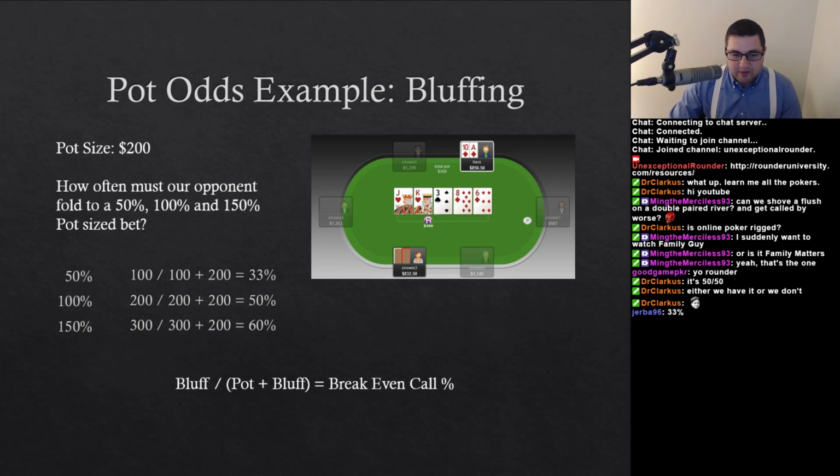Here we go. So notice that even though you are betting 3 times more, as in the 50% pot bet compared to the 150% pot bet, your opponent only needs to fold about twice as much. Betting 3 times more doesn't mean your opponent must fold 3 times more often.